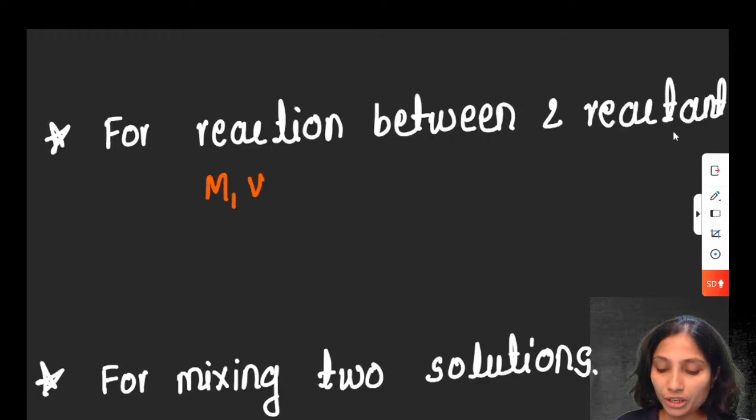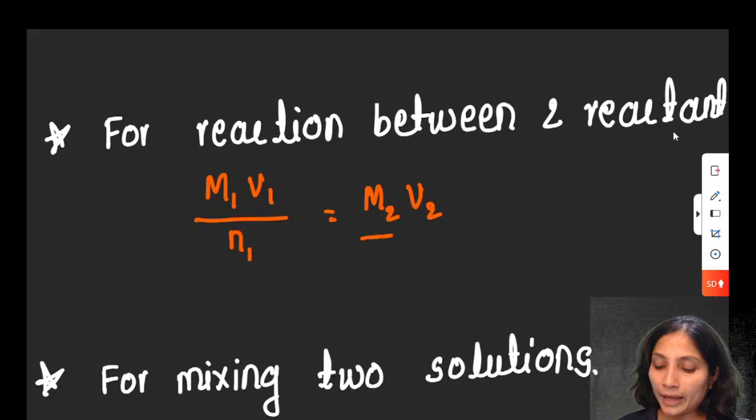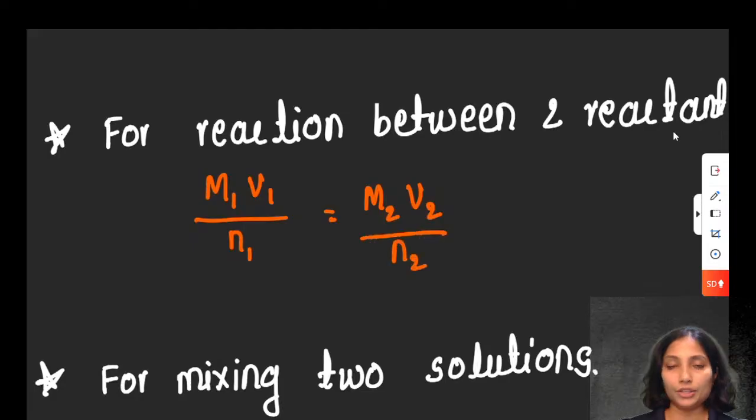M1 V1 by N1 is equal to M2 V2 by N2, where N1 is the stoichiometry, that is, the number of moles of the first component, reactant 1, present in the balanced chemical equation, and N2 is the number of moles of reactant 2 present in the reaction.